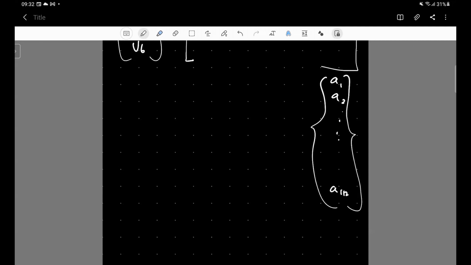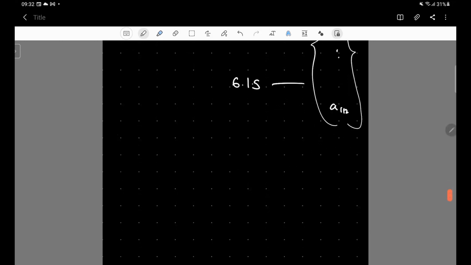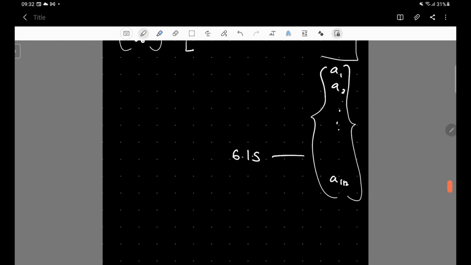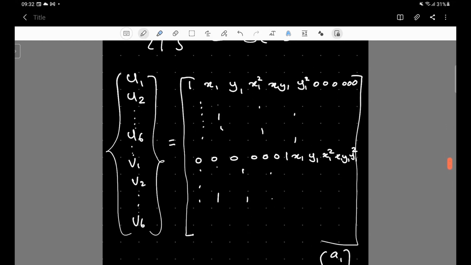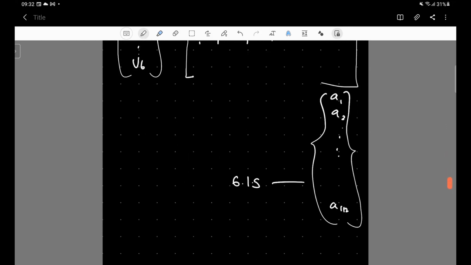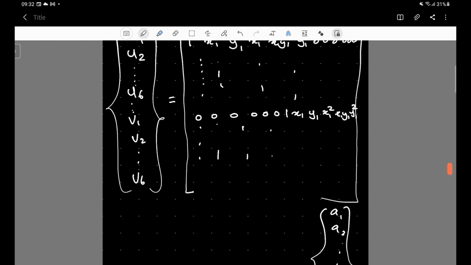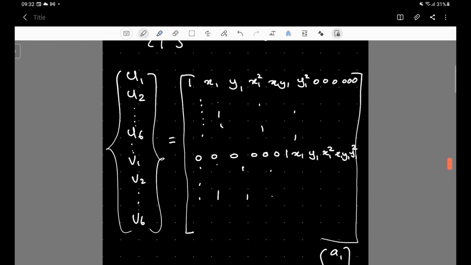I will write this equation as 6.1.5. What we can do is multiply equation 6.1.5 on both sides with the inverse of this M hashtag matrix.